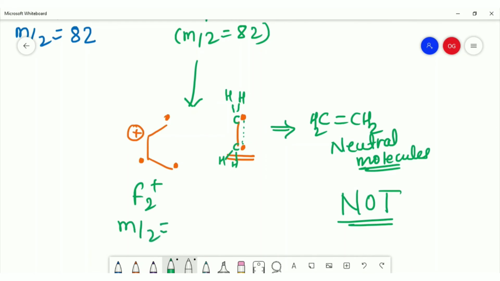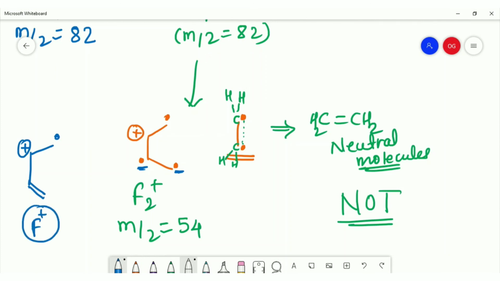So this is my next fragment ion with the m/z value, if I calculate, coming out to be 54. Here also I can see the electron over here, electron over here, so I can definitely rewrite this as a double bond. So this is the fragment ion which is formed.